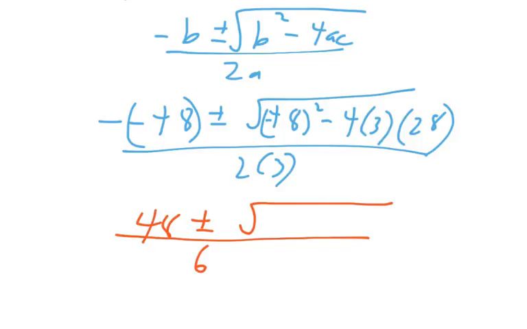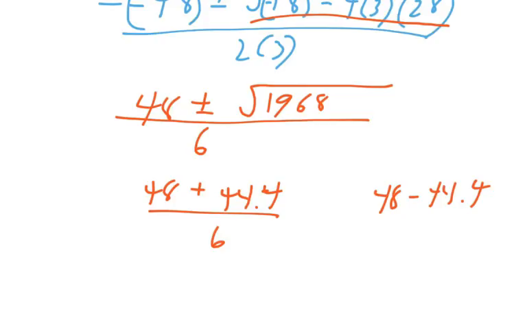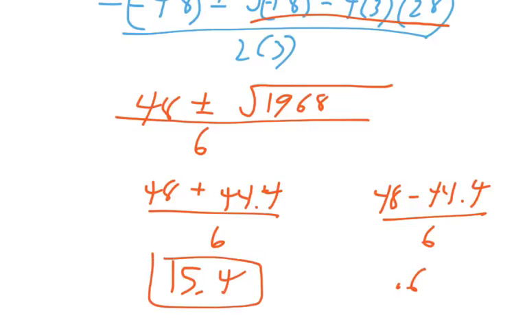Put this all in my calculator, and we get 1968. So I got 48 plus 44.4 and 48 minus 44.4, divided by 6. This one turns out to be 15.4, and this one turns out to be about 0.6. And those are the critical values.